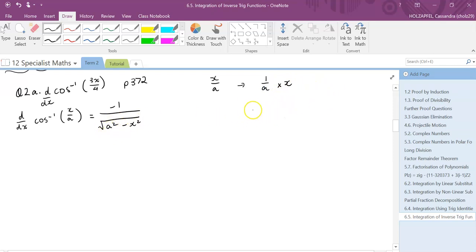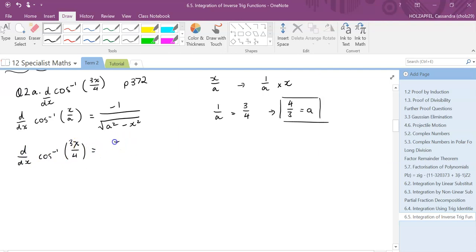We're going to do the same thing here, except now 1 over a is going to be equal to 3 over 4. So when we find the reciprocal, that's going to be 4/3. So a is equal to 4/3, and this is the value we can substitute in now. This is going to be nice and simple. The derivative of inverse cos of 3x over 4 is going to be equal to -1.